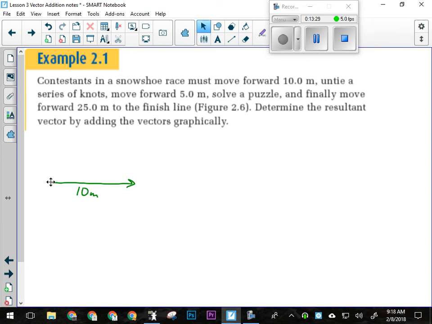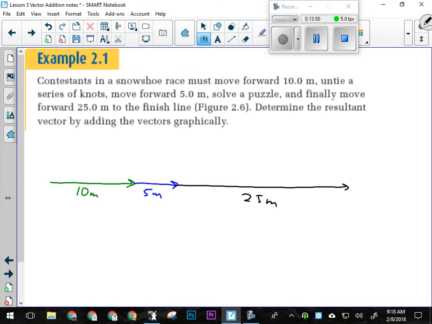Then they move 5 meters forward and solve a puzzle. And finally, they move 25 meters forward to the finish line, where I don't know what they do after that. Make snow angels or something.